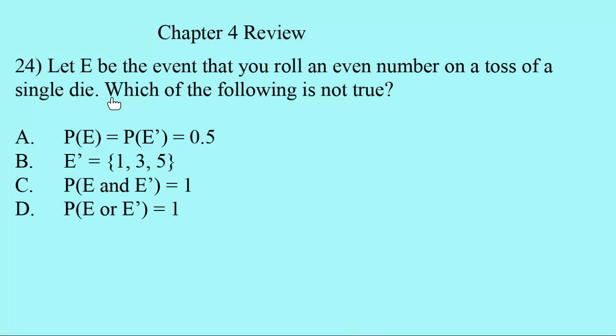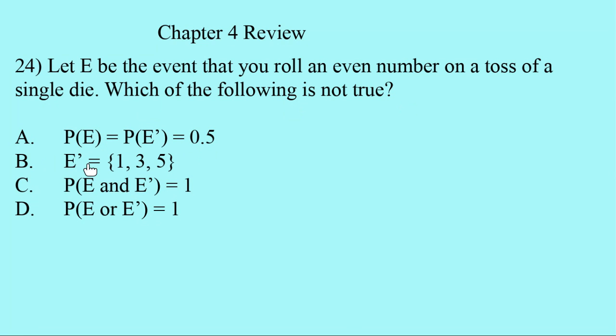All right, question 24. Let E be the event that you roll an even number on a toss of a single die. That's one die, not dice. So which of the following is not true? The probability of E equals 0.5.